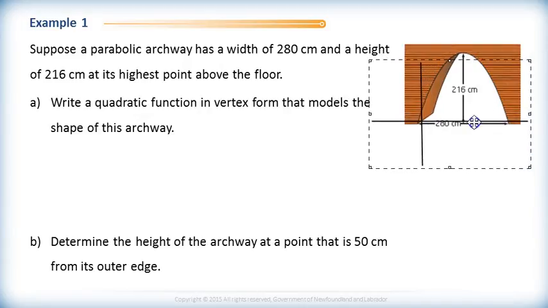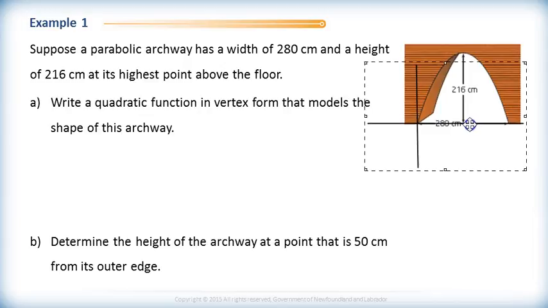But on the other hand, if I choose a location like this, that's pretty helpful because I've got enough information here, the width of the archway, to come up with the p-value, the x-coordinate of the vertex, and the total height to get the q-value of the vertex.